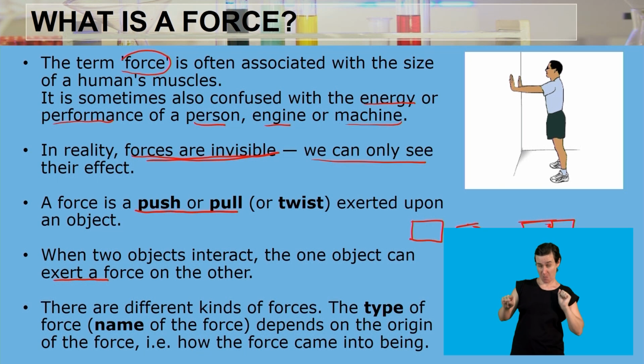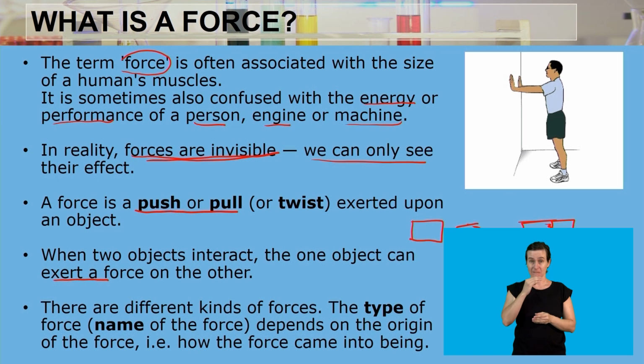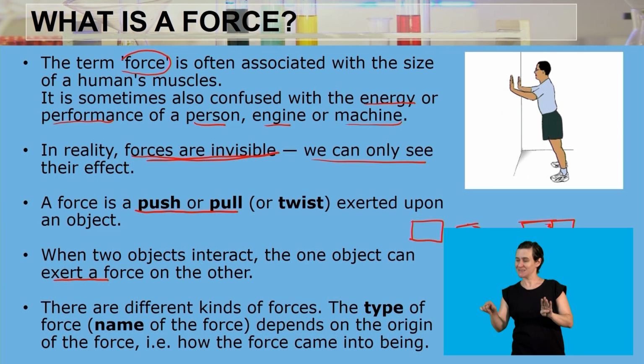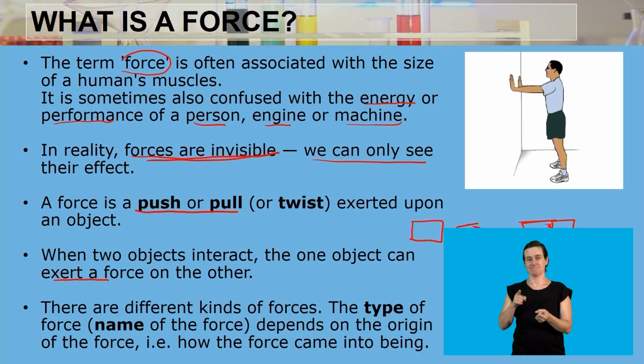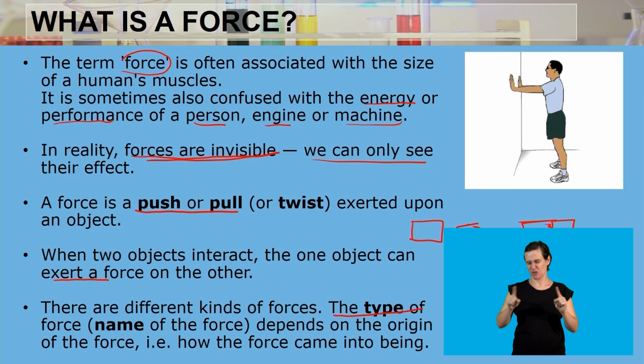We may not know which block exerts a force onto which one. All we know is that these two blocks are going to exert a certain amount of force onto each other. So block A will exert a force on block B, and also block B will exert the very same force onto block A.